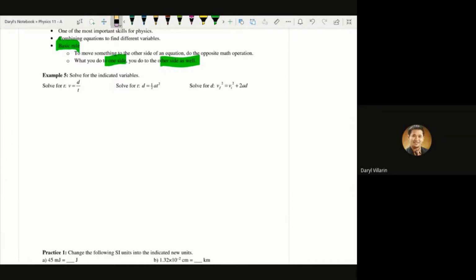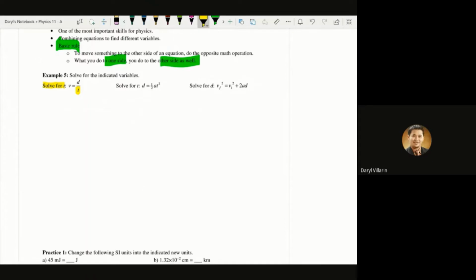It doesn't matter if that particular variable is on the left-hand side or the right-hand side, although conventionally, the one that we are solving for should be placed on the left-hand side. So since we are solving for t, t must be placed on the left-hand side. That is by convention. But again, as I mentioned, as long as you have separated your t from v and d, that's good enough.